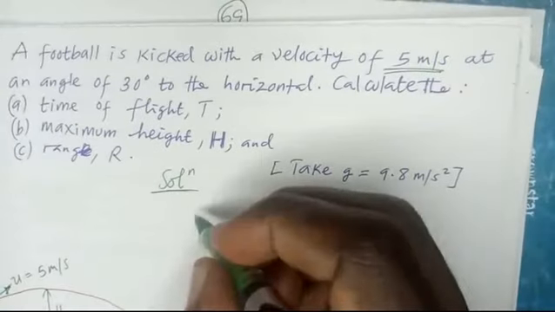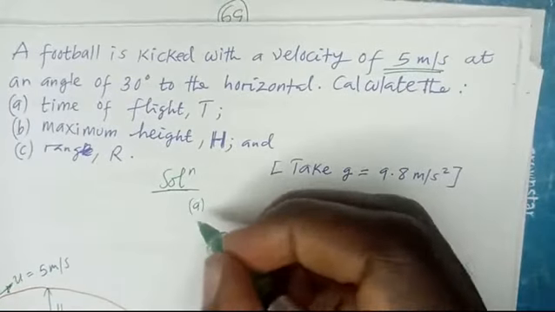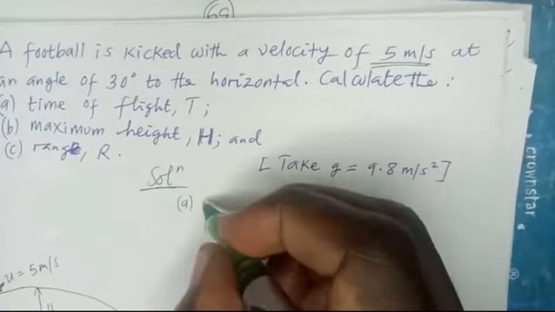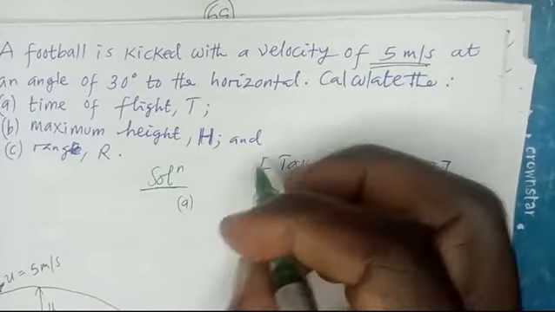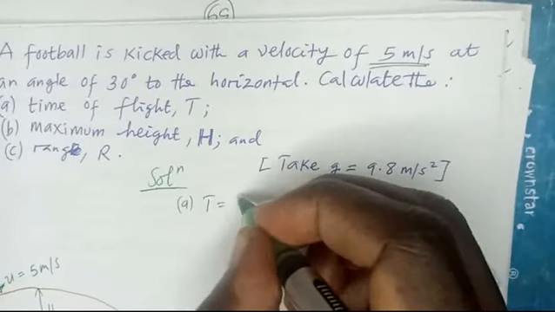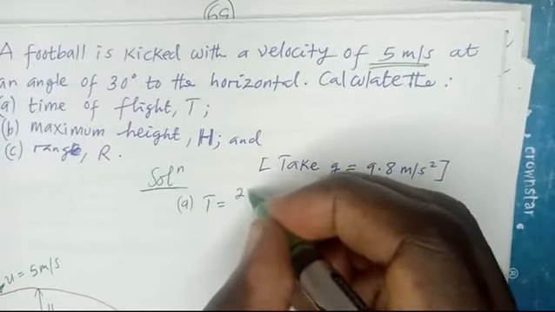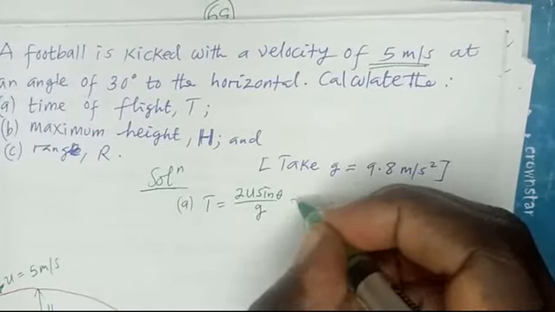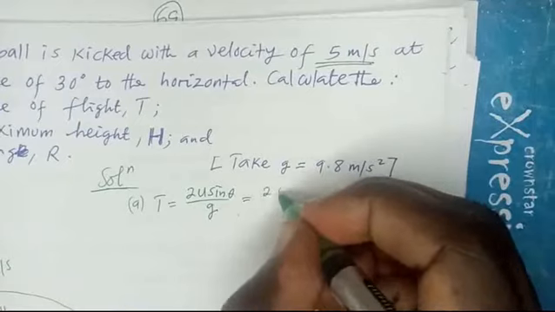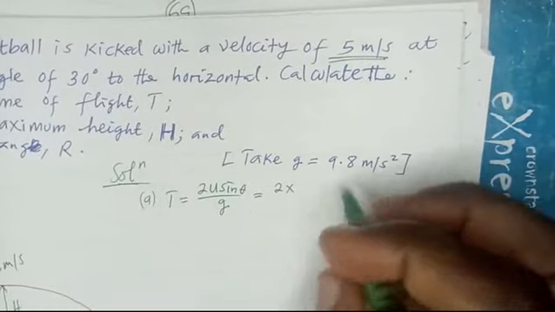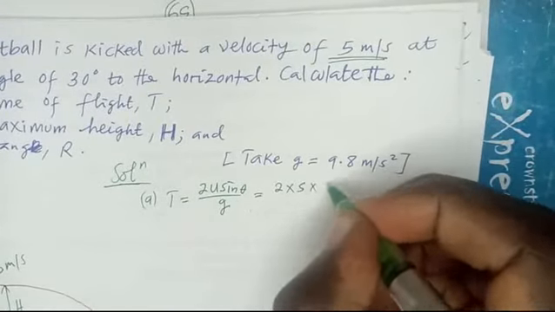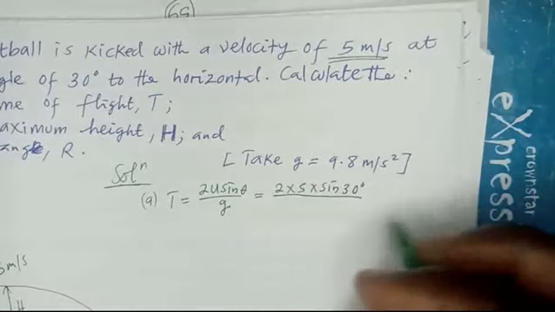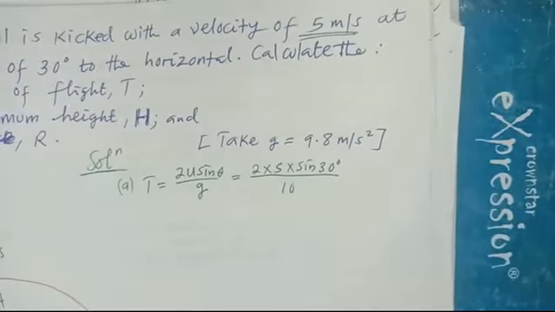Okay, let's start solving them one by one. A says we should get the time of flight, and from the equations we derived, we found that the time of flight is T equals 2u sine theta divided by g. Now we continue and say this is 2 times our u, which is 5, times sine of the angle 30 degrees, divided by g.